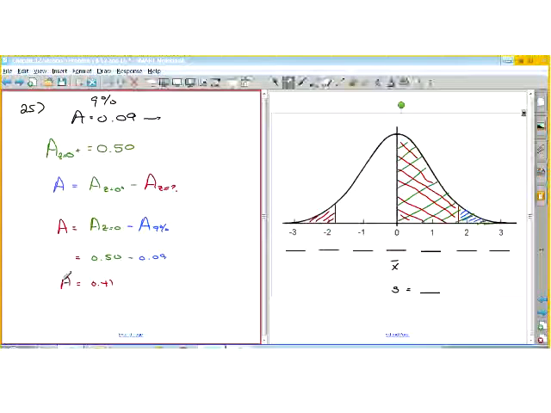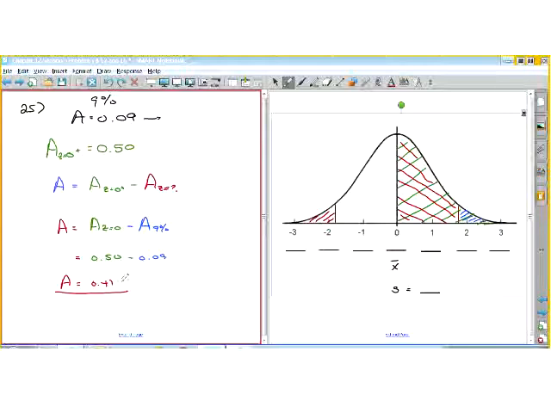So then what we can do is use this area, and we'll go find out what the z-score associated with that is. So we go to the table, and you have to go to the third set of columns. If you go down, you've got two fingers: your left finger is on the z column, and your right finger is on the A column. You take it down until you see 0.41 in the area column, and that corresponds to a z of 1.34.